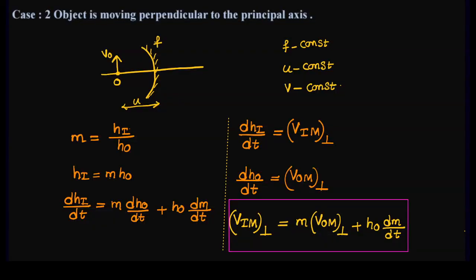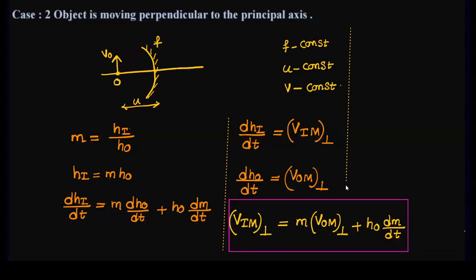And where this h naught is, what is it called, tell me? It is the height of the object from the principal axis. If h naught value is 0, then what happens? In some cases the object lies on the principal axis.